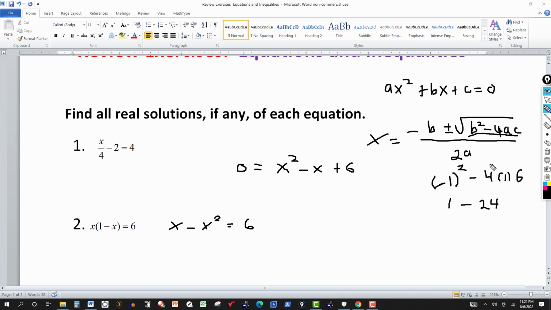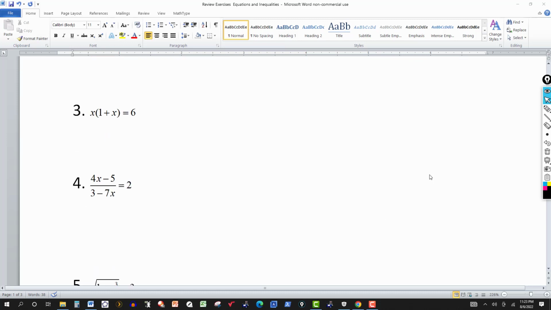Now if this discriminant, b squared minus 4ac, comes out negative, then that's the square root of a negative, so you'll have a non-real solution. This is negative 23. So this one has no real solution. And it wants the real solutions only, so we don't have to do any more calculation. No real solution. Go to the next one.